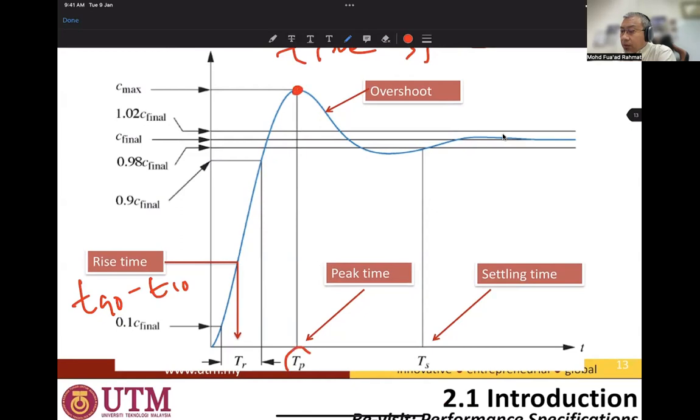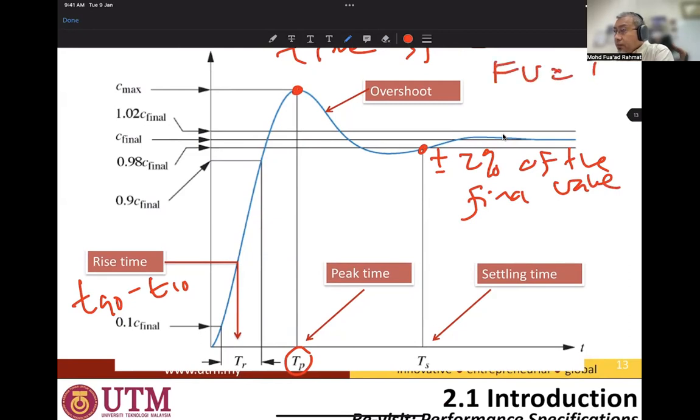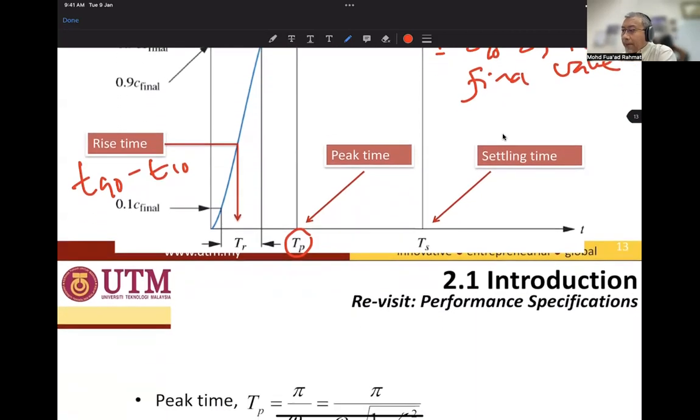Settling time is over here, which is plus minus 2% of the final value. If the final value is equal to 1, plus minus 2% can be 0.98 and 1.02. Which one comes first, either 0.98 or 1.02? That is the measurement of the settling time.